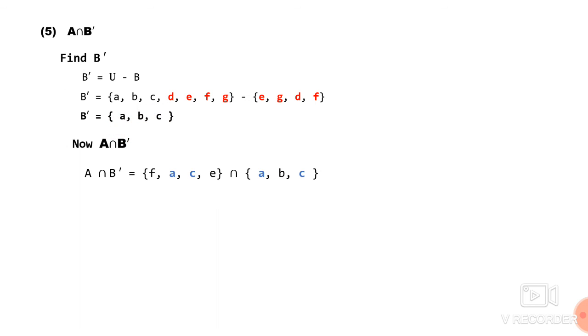Find the intersection. Intersection means just write the common elements. Here we can see that in both sets, A and C are common. So A intersection B complement is the set containing A and C. This is our question number 5.